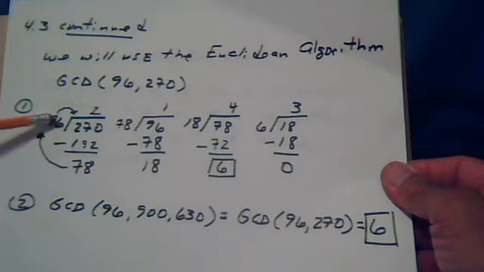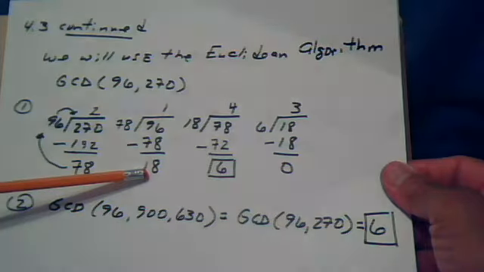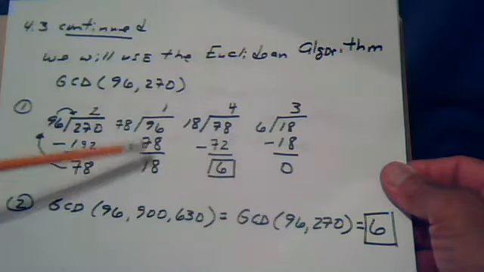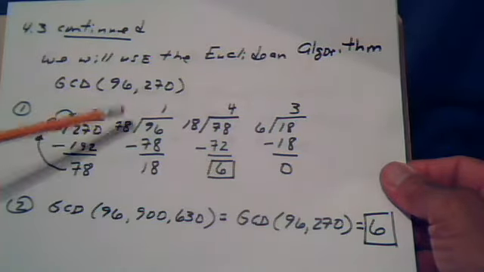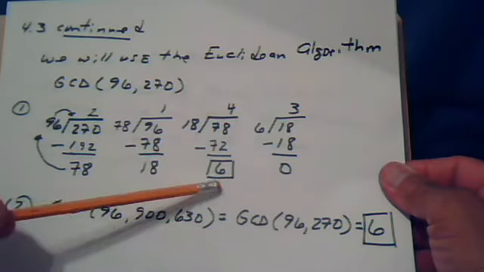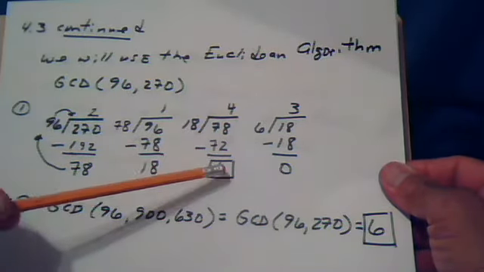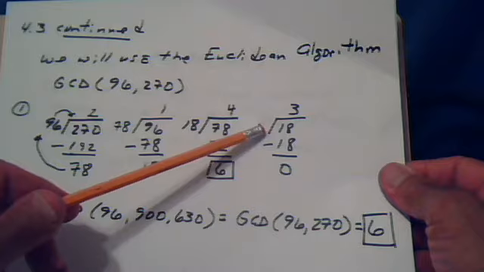So this one takes this position, this number takes this position, and then do the division. After this division, the 18 takes the position of the 78, and the 78 takes the position of the 96. Notice how the 18 came up here, and the 78 went in here. So you do that division. Then the 6 takes the position of the 18, and the 18 takes the position of the 78.